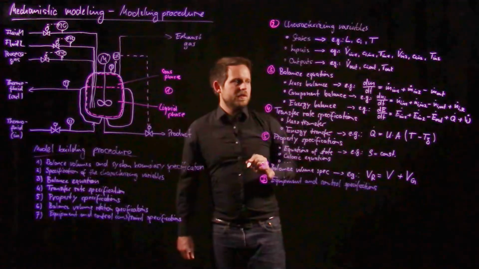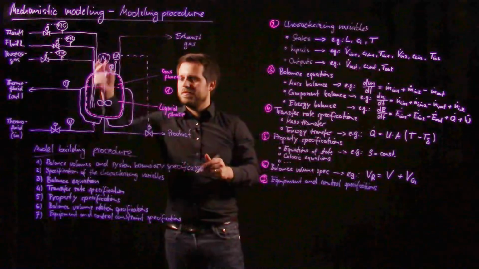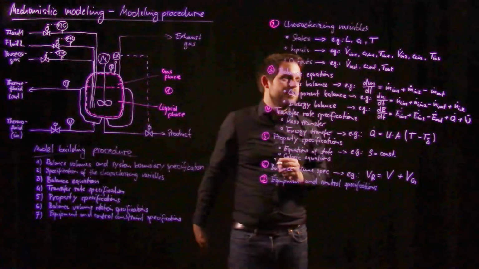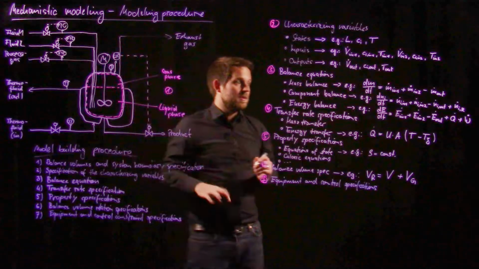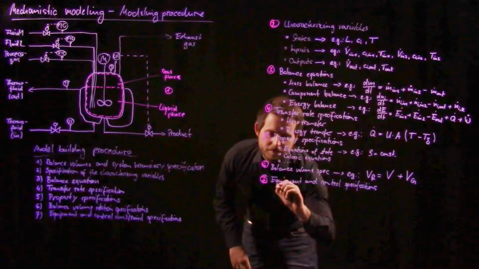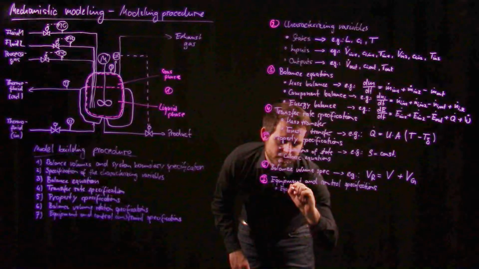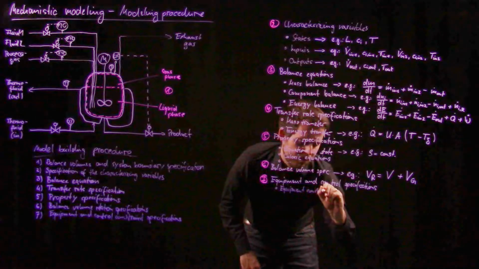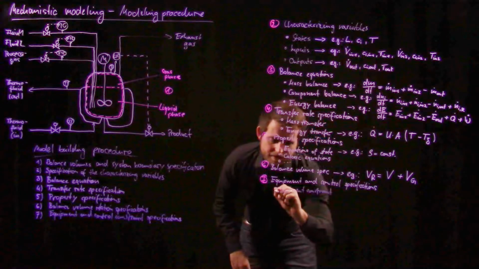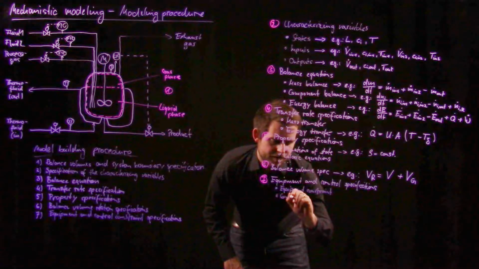And this could be like equipment behavior describing things like a valve equation, or also the behavior of a controller. So we have the equipment constraints and the controller constraints or control constraints.